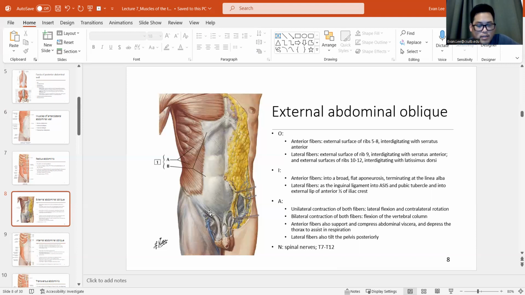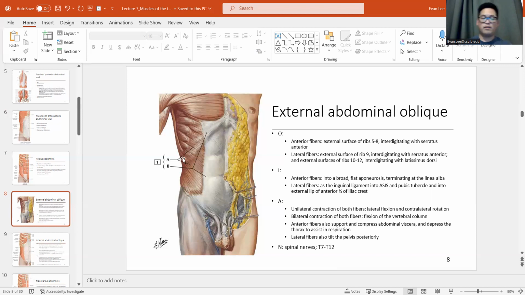Now, when you contract this muscle, looking at these muscle fibers, it'll be able to do a few things. First, unilaterally, this can either help with lateral flexion of the abdomen, but also rotation of the abdomen. Notice the diagonal line: this is going to help with twisting the abdomen because it pulls your thorax down and medially, down and inward.